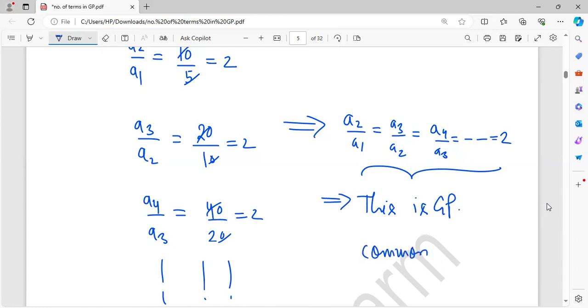And what is the common ratio? The common ratio is 2, because the ratio A2 upon A1 is 2. And what is the first term? The first term A is 5.